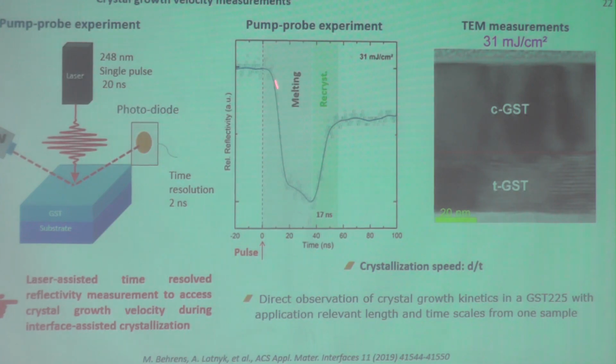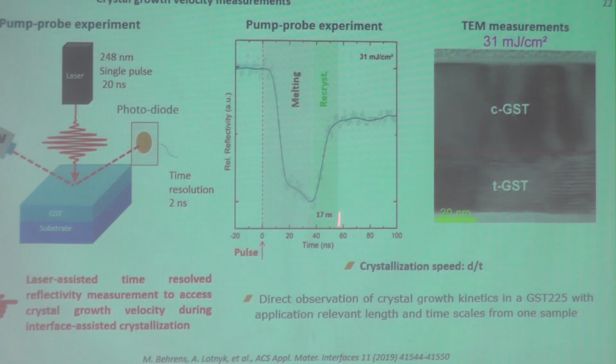From this data we extract the amorphization time or crystallization time, and this is T, and D is the thickness of the recrystallized area, and by using D divided by T we can find the recrystallization speed.